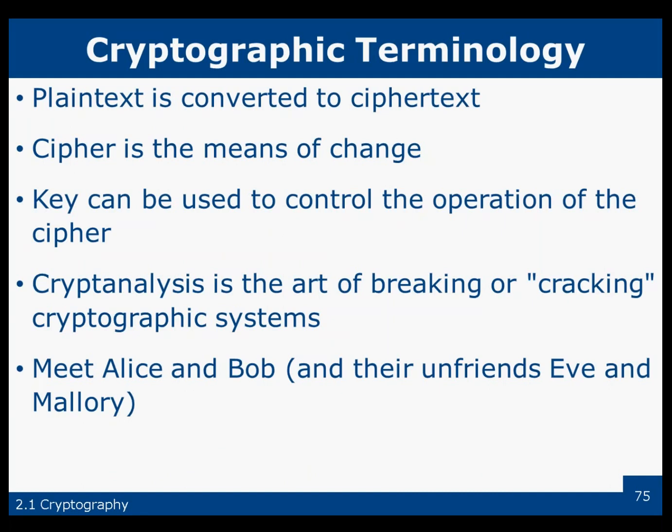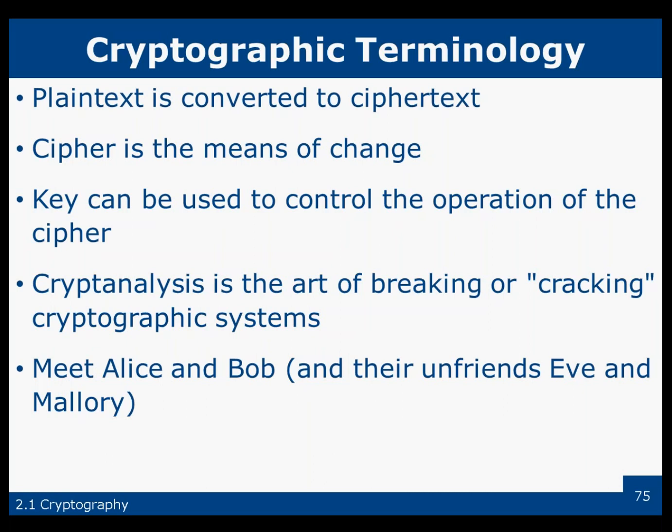The cipher is the means of change, the cipher itself, and the key can be used to control the operation of the cipher. So the cipher is going to be the algorithm that we're going to use, and the key is what it uses to do the encryption with.